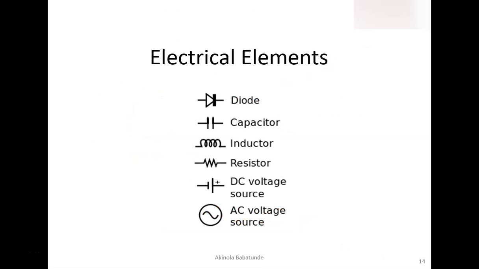Some of the electrical elements that we'll be dealing with would include the diode, the capacitor, the inductor, the resistor, the DC voltage source, the AC voltage source. And what you should pay attention to here are the various symbols for each of these electrical elements.